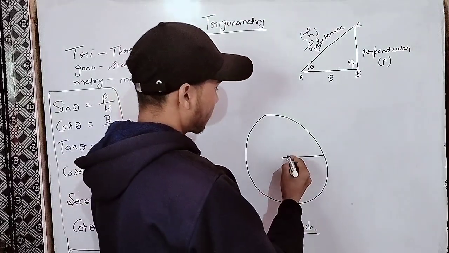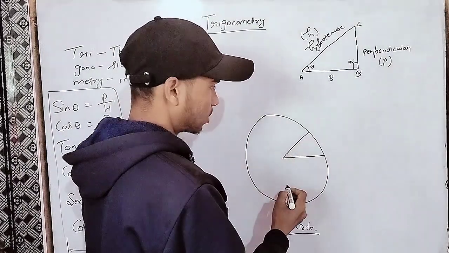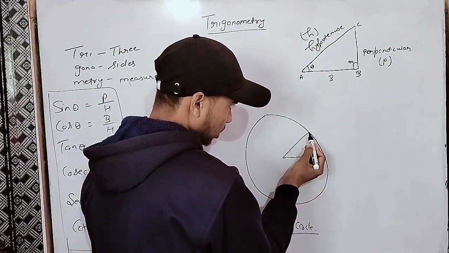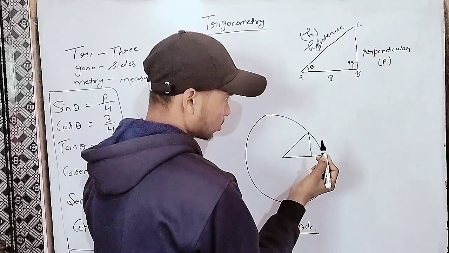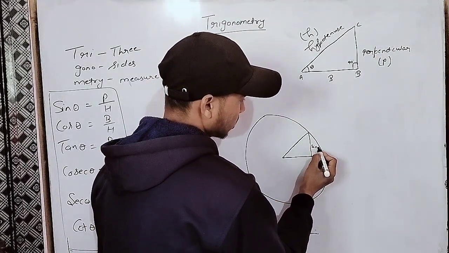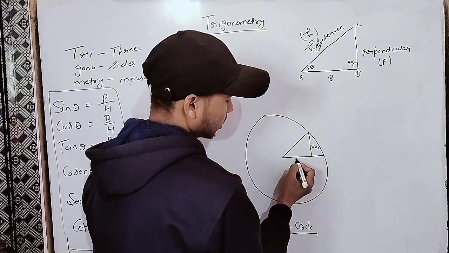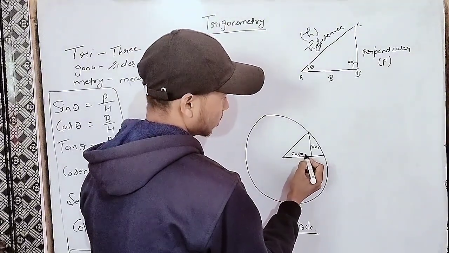This is the secant ratio. Now from here to here is sin theta, and this would be cos theta.